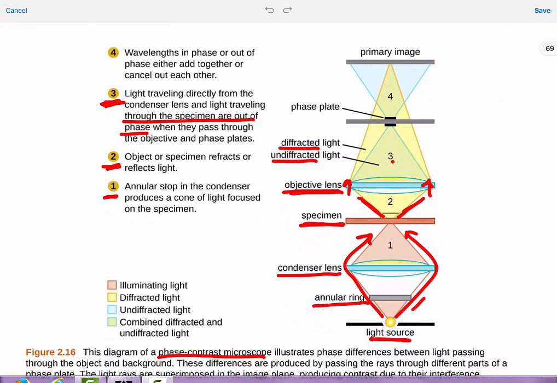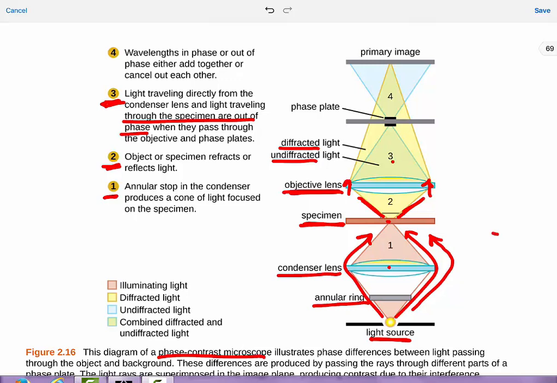Again, we have our light moving through this cone right onto our specimen. Then remember, we have light traveling directly from the condenser lens down here, and light traveling through the specimen, and they're out of phase when they pass through the objective and phase plates.